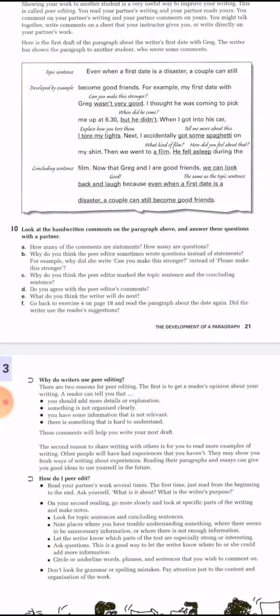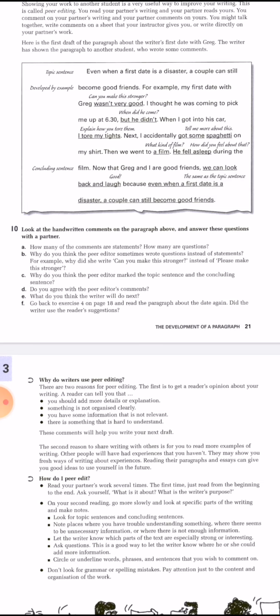So look at the handwritten اللي هي بالأعلى خط اليدوي comments on the paragraph above. Handwritten comments تعليقات المكتوبة يدويا on the paragraph above. Answer these questions. How many of the comments are statements؟ هذه الأسئلة تحلوا لي إياها. يعني قد عدد التعليقات.